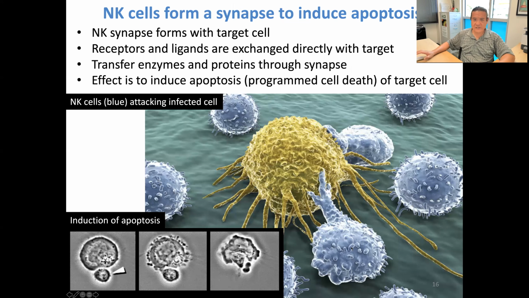Here are natural killer cells. The way natural killer cells work is rather than targeting a pathogen directly, remember macrophages, neutrophils, right, phagocytic cells like those target the pathogen directly by attaching and eating the pathogen, whether it's a bacteria or a virus, right?